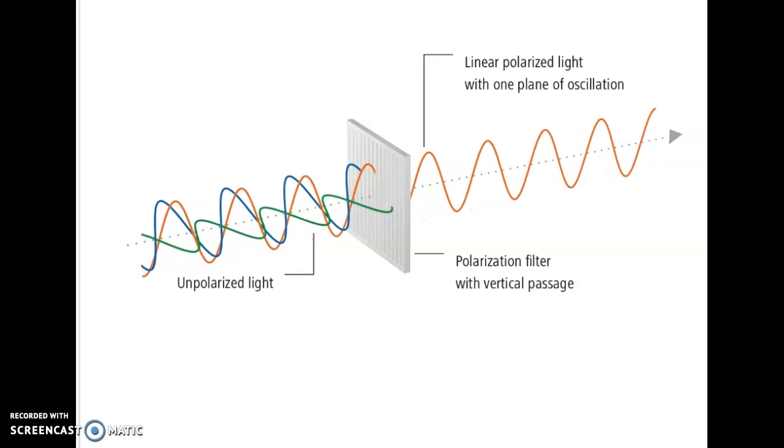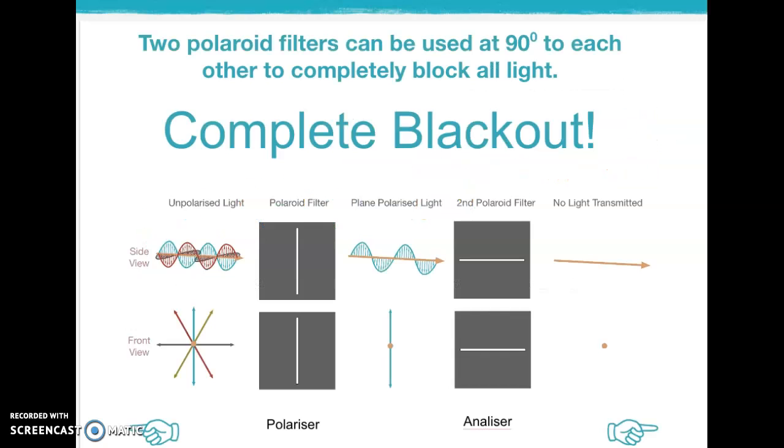What we can do next is we can create a total blackout effect. Now this is when we polarize something twice. So starting with our unpolarized light, you use one filter in one direction, and what that causes is light of a single direction through, plane polarized light. So what you do now is you use a second filter, right?